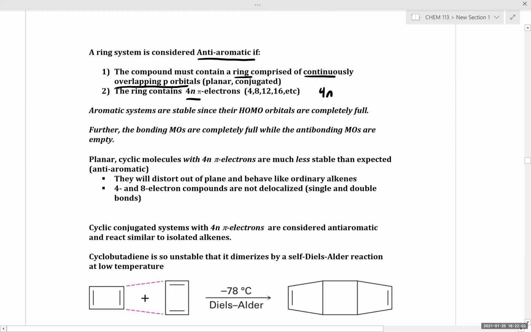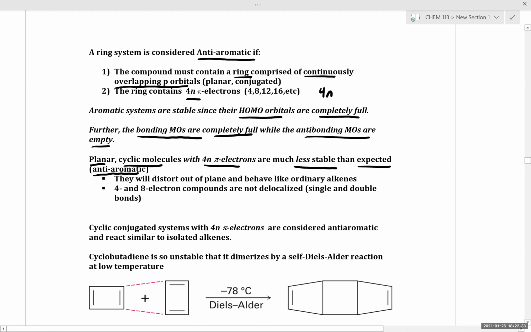Now, we know that aromatic systems are stable since their HOMO orbitals are completely full and their bonding molecular orbitals are completely full, while their anti-bonding molecular orbitals are empty. When we start to look at planar cyclic molecules with 4n pi electrons, or anti-aromatic systems, these systems are much less stable than expected. We call this anti-aromatic.